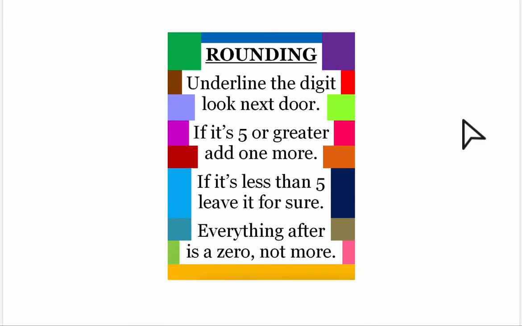All right, now let's review the rounding process, which again you're probably familiar with, but good to review. Here's a little jingle to help you with it. First, you underline the digit, look next door. Whatever digit they want you to round to, make sure you underline it.